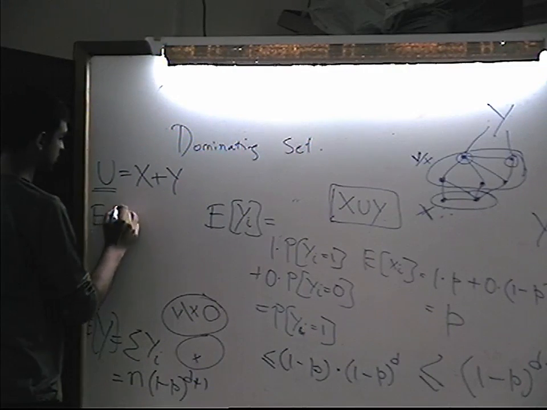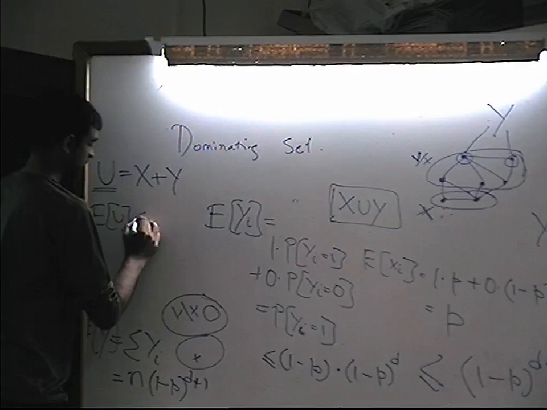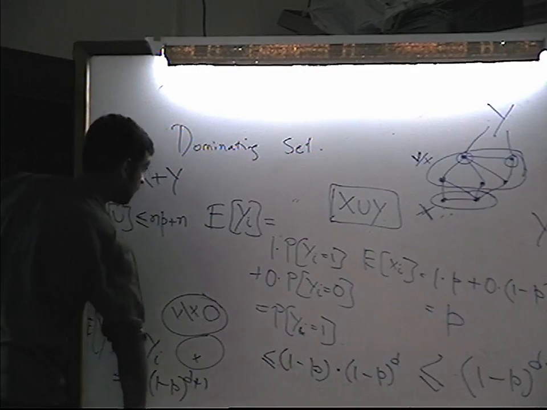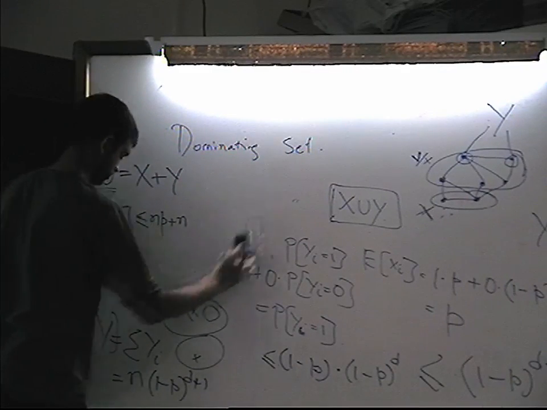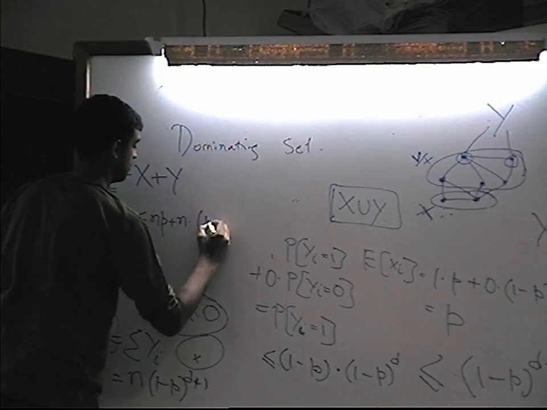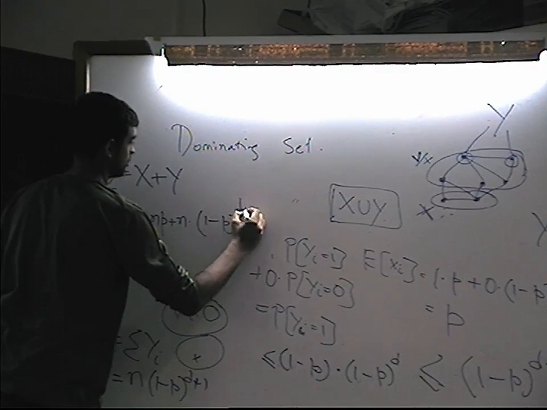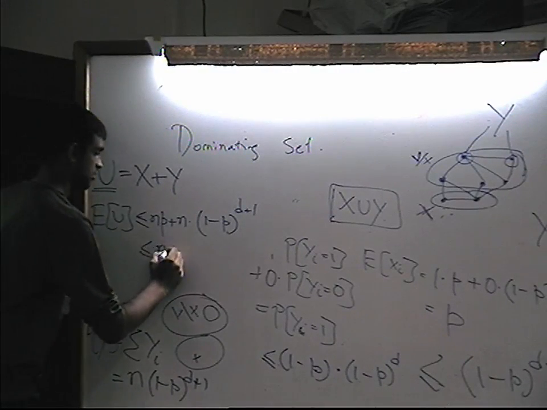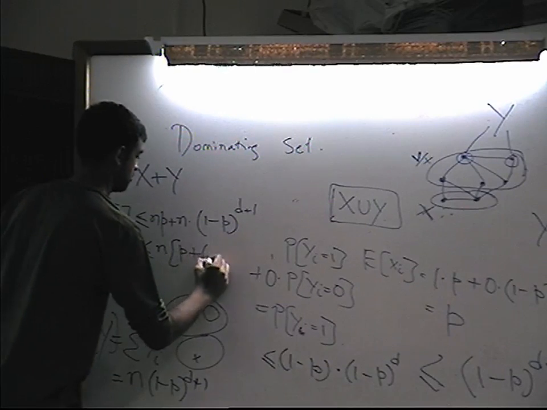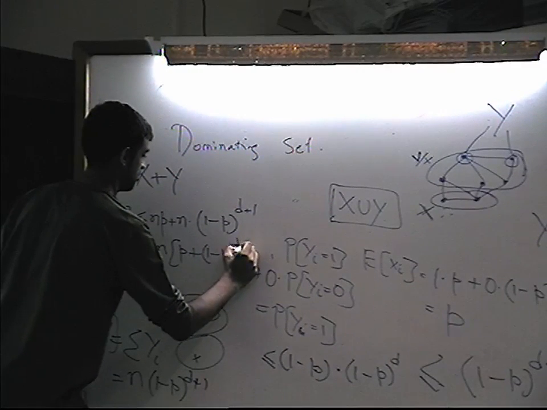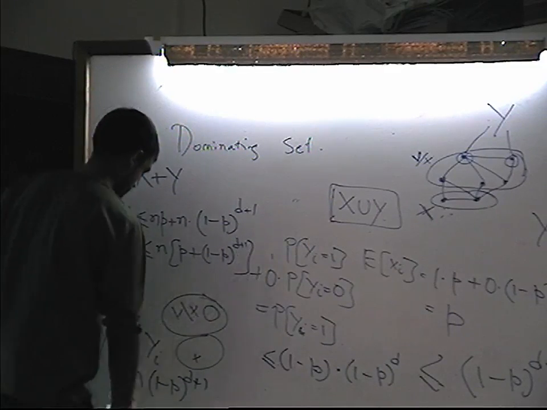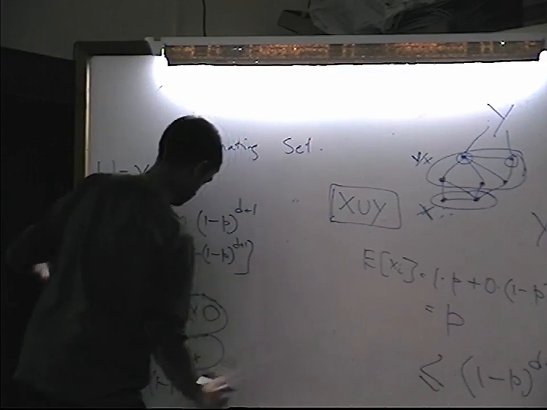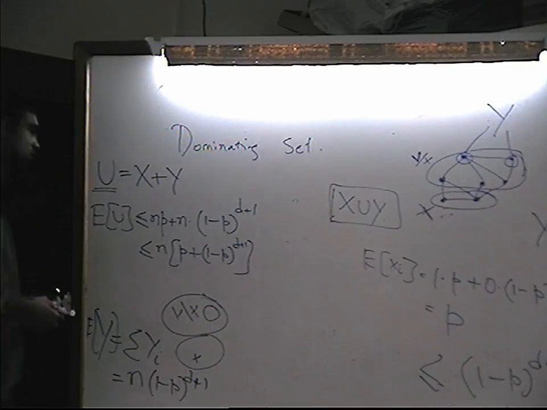I look at the expectation of this, which is at most np plus n times (1 minus p) to the power of d plus 1. So is this clear?